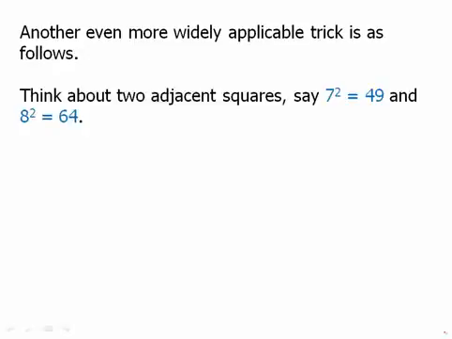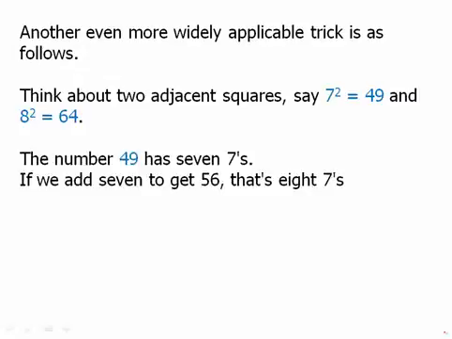Now here's an even more widely applicable trick. Think about any two adjacent squares, say 7 squared, which is 49, and 8 squared, which is 64. The number 49 has 7 sevens in it. Suppose we add 7 to that. We get 56. 56 is 8 sevens, or 7 eights, because that's two ways to think.